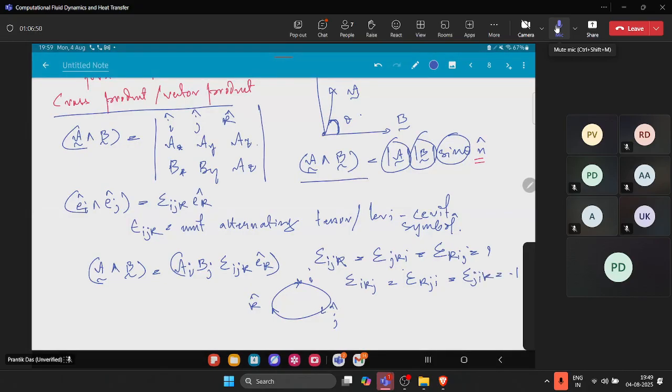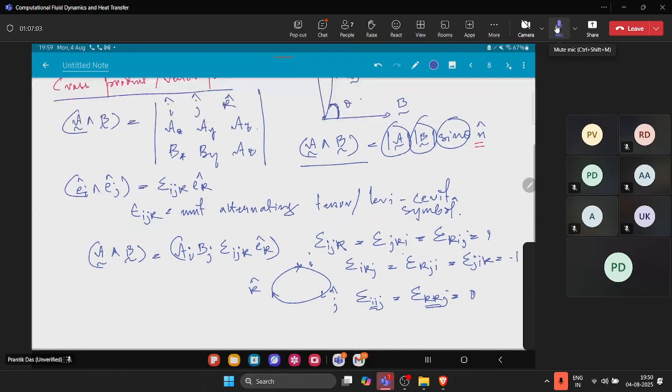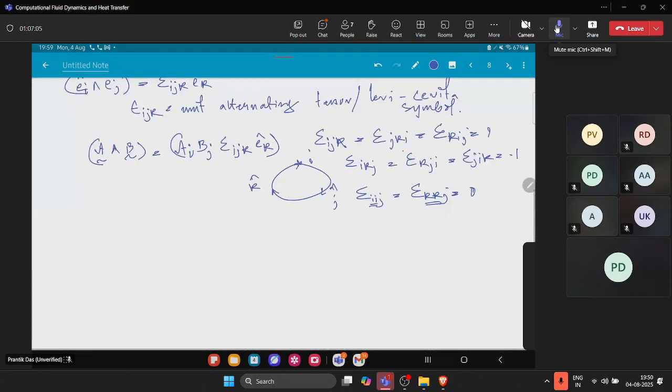And if two of the indices become the same, for example epsilon iij or epsilon kkj, this will be equal to 0, if two of the indices become the same. Okay. So if I break this system, ai bj epsilon ijk ek cap, because we know that ek cap is perpendicular to both ei cap and ej cap.